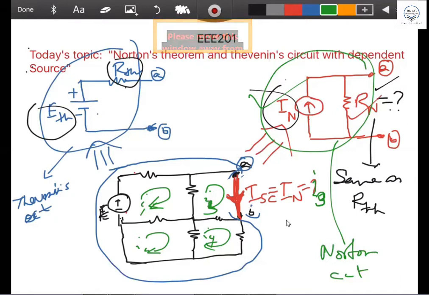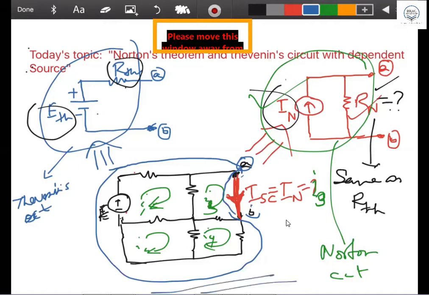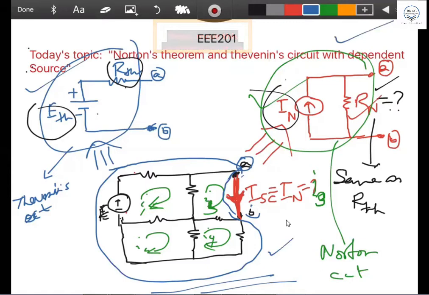Now do you all understand the Norton equivalent circuit? Yes, sir. Okay, now look, we are going to solve some problems based on this, but before that I would like to tell you one thing very carefully. Look at it now. Look, please. This is the complex circuit which is represented by the Thevenin equivalent. This is the complex circuit which is represented by the Norton equivalent circuit.